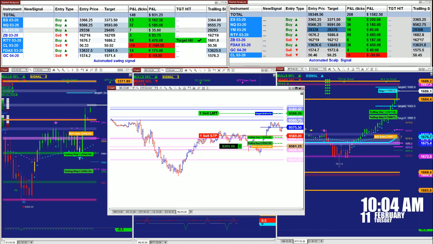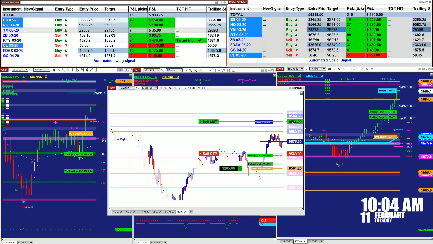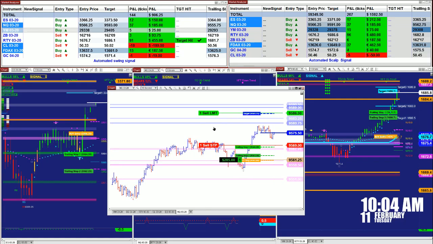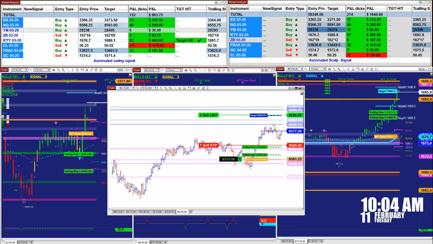Look at this, guys. You don't need an indicator to see what's going on, because the system is calculating and taking everything. If we look at the Nasdaq, there is 958075.